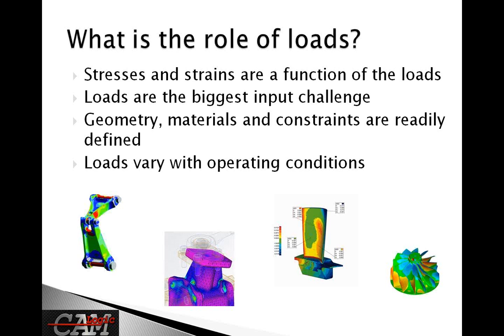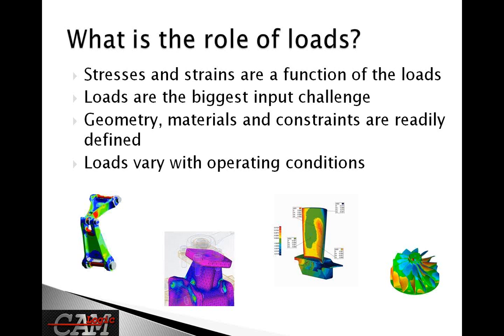Material properties are well known, and you can look up all those properties. But the loads have to do with how the system is operating, and the system can be operating at different speeds under different conditions. Then the question is, what kind of loads are being imposed upon the components based upon what's happening during the work cycle?